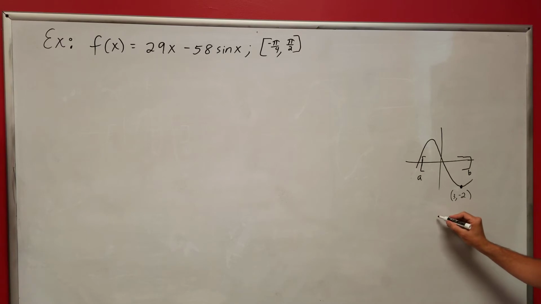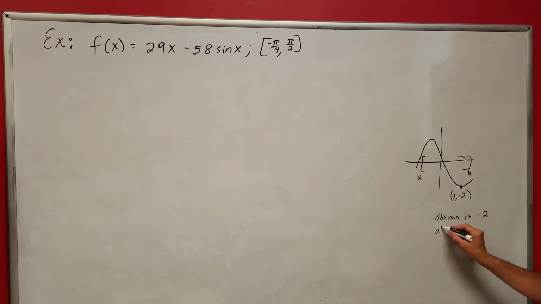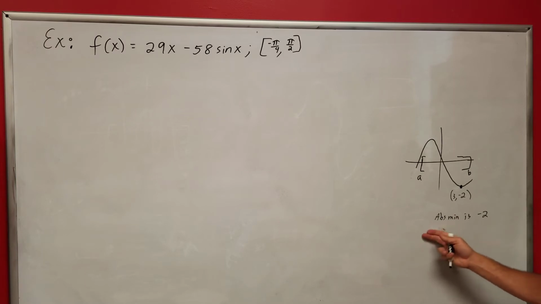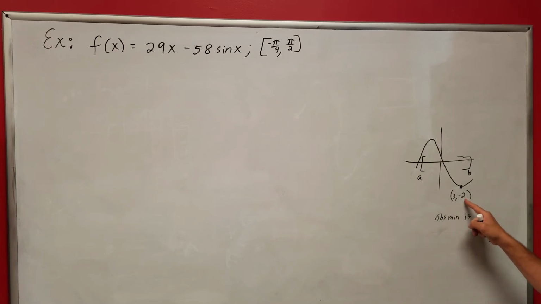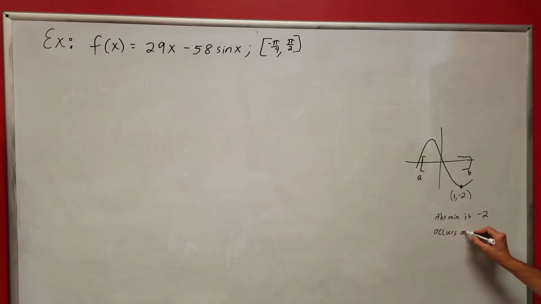I would say the absolute min is the y coordinate, or the output, negative 2, and I would say it occurs at the x coordinate, or the input value, 3.